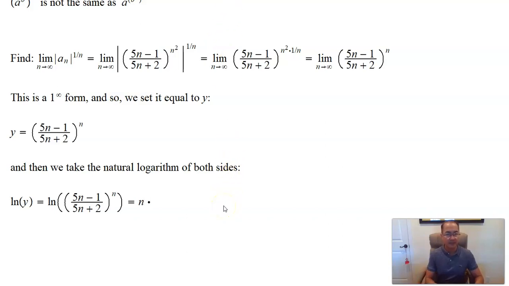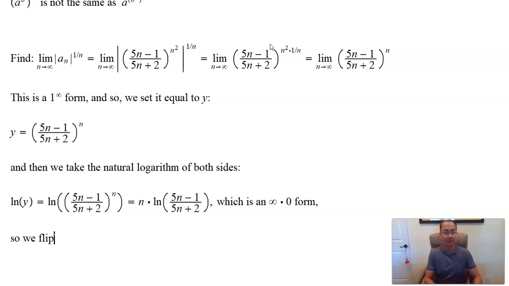So we get n times ln of what we have inside over here. What's happening here? That has limit 1. Ln of 1 is 0, but n is going to infinity. So this is an infinity times 0 form.